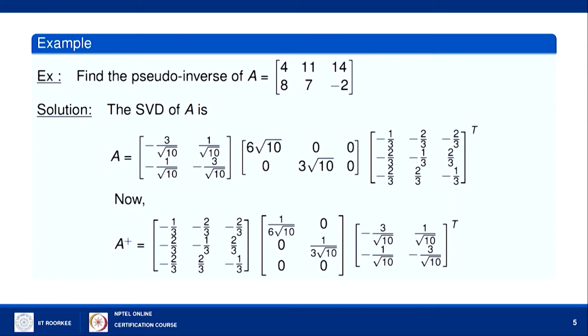Now, in the previous slide we have seen that the pseudo inverse of A is given by V sigma plus U transpose.